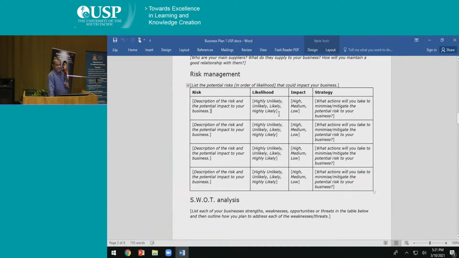Is it highly unlikely or highly likely? It's highly likely, okay? It will happen. How's the impact? It's very high impact, okay? How will you mitigate the risk? How will you resolve it, or how will you tackle it?